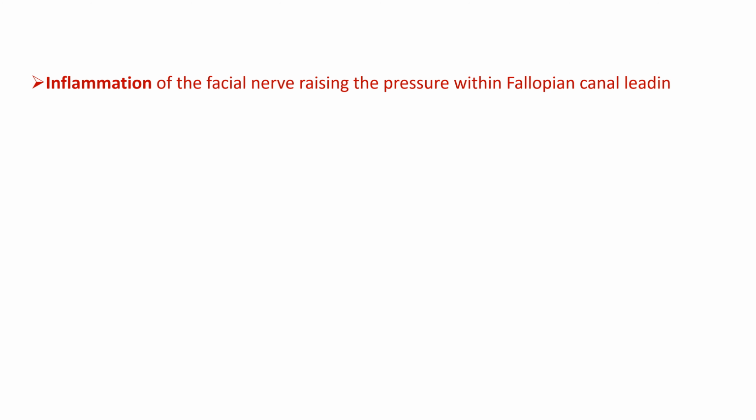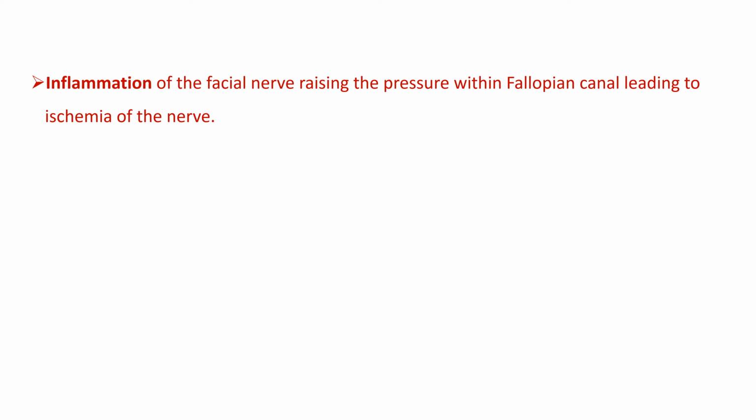Now, let's see about the pathophysiology of Bell's palsy. That is, exactly how does this pathological condition develop? Basically, the lower motor neuron of facial nerve is damaged by inflammation of the facial nerve, raising the pressure within fallopian canal, leading to ischemia of the nerve.